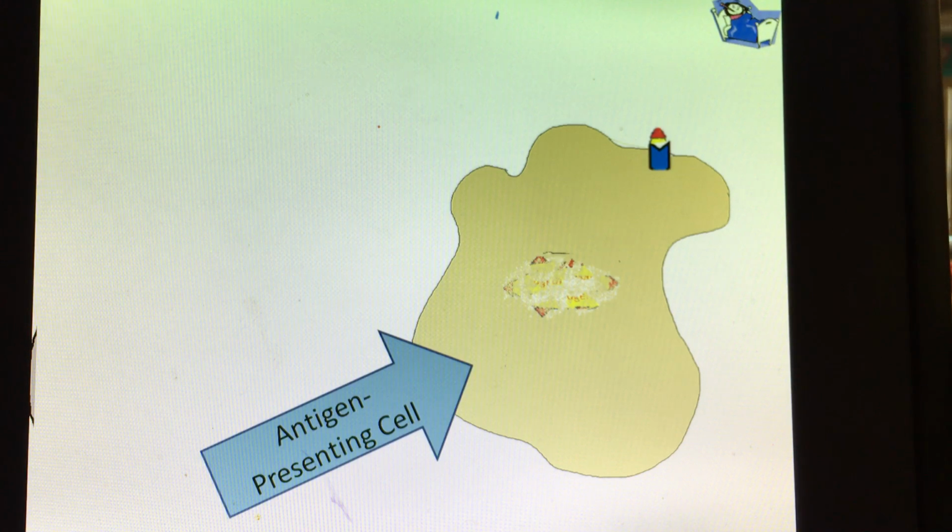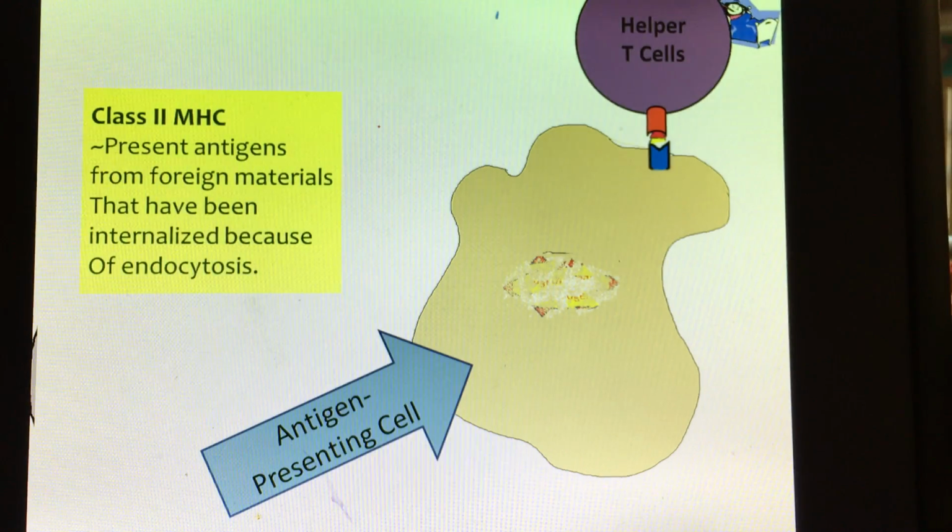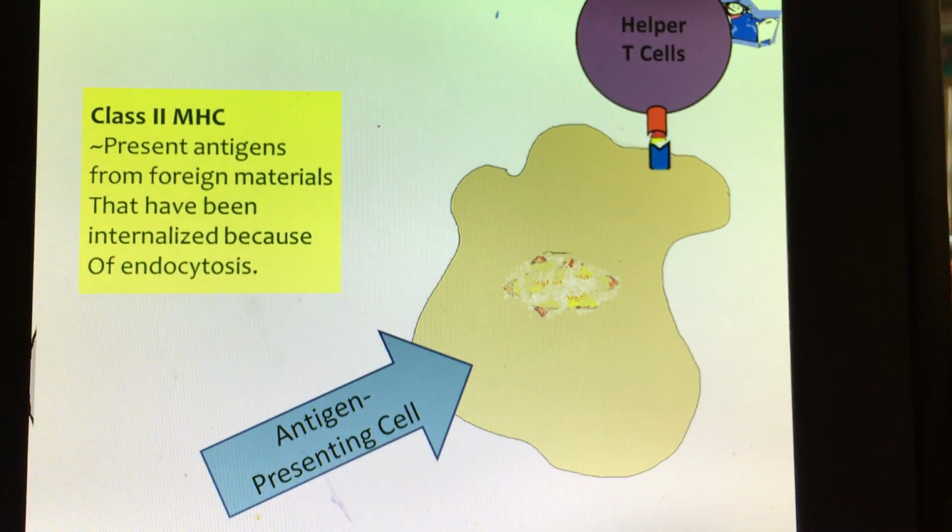Now this would be a macrophage, maybe engulfing a virus or a bacteria that is a pathogen of some sort traveling in the body fluids. This macrophage could be living in a lymph node, or maybe your spleen. It engulfs the pathogen and brings this antigen to its surface. Now this is going to attract helper T cells.